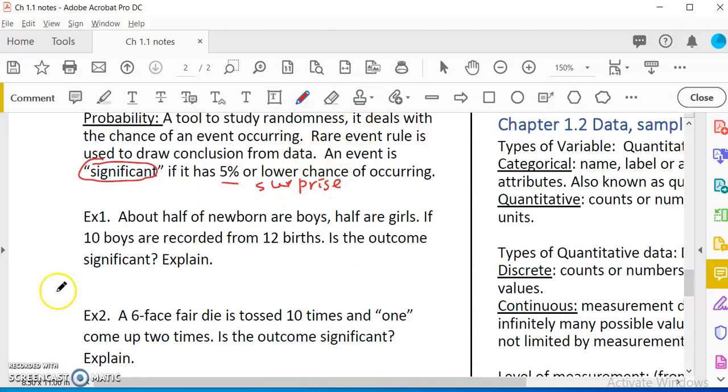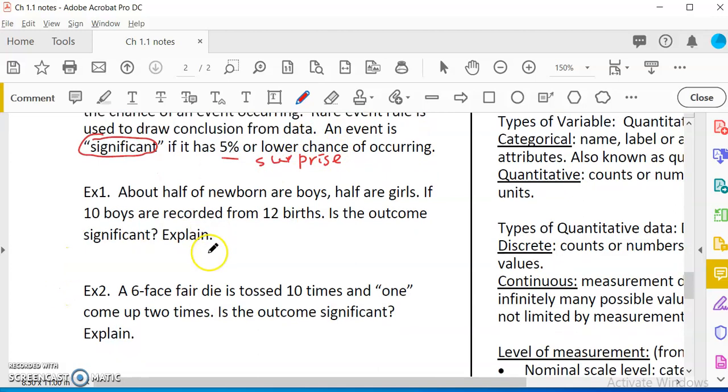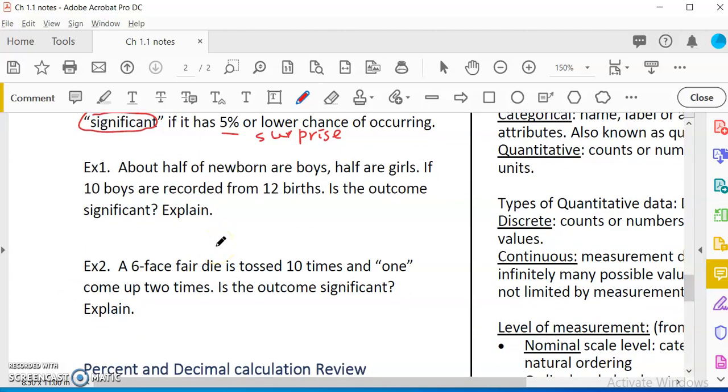Okay. So let's look at something that changes every time we do something, but we kind of know what is the acceptable range that is supposed to happen. And if something really rare happens, we will be very surprised. So the first example is half of the newborns are boys and half are girls.